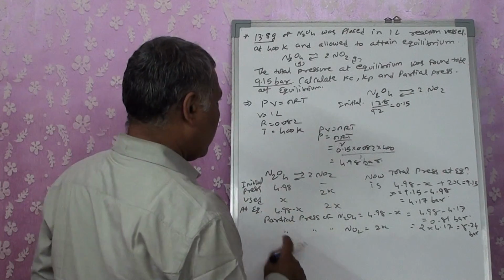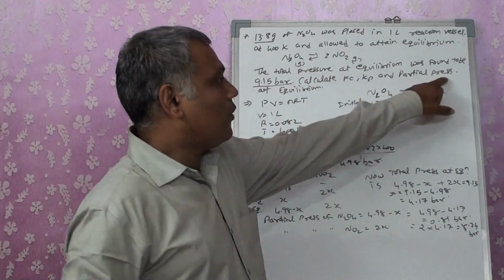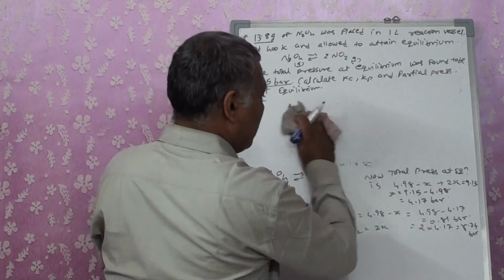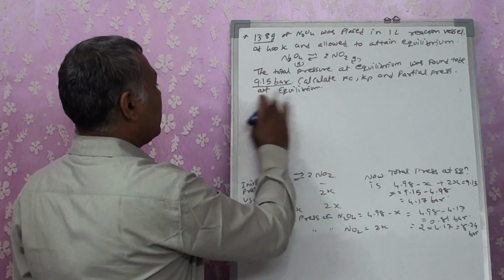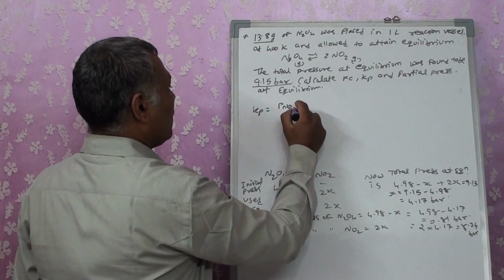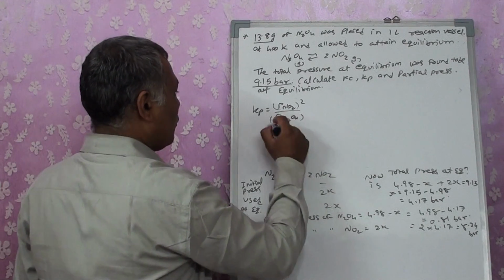Now if I want to calculate Kp, the first factor we got is the partial pressure. Now we go for the calculation of Kp. Kp equals P of NO2 whole square by P of N2O4.